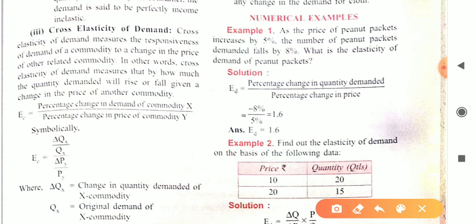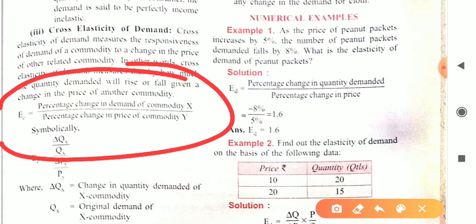Okay, student. So in other words, cross elasticity of demand measures by how much the quantity demanded will rise or fall given a change in price of another commodity. When the price of another commodity changes, how much the quantity demanded of the first commodity changes is represented by cross elasticity of demand.